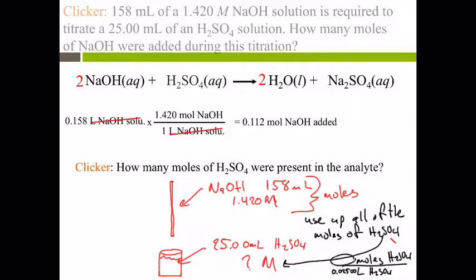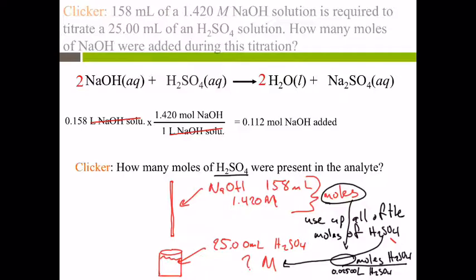So the only thing that we don't know is how many moles of sodium hydroxide or sulfuric acid were there. However, if we could figure out how many moles we added, we would know that we used up all of the sulfuric acid in the process, so the number of moles would be relative to those.